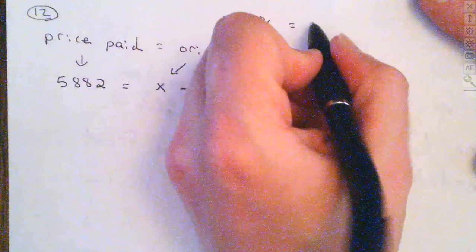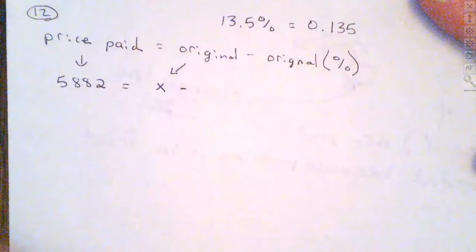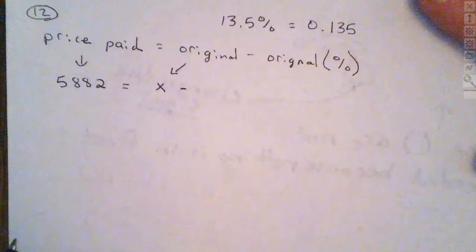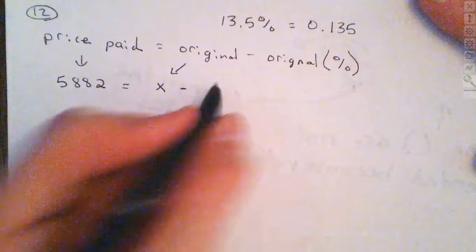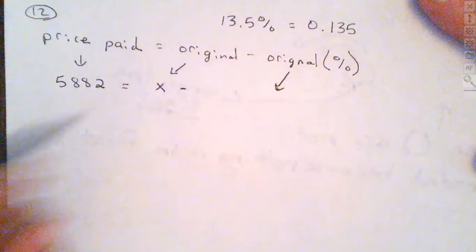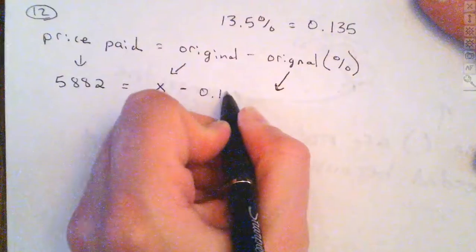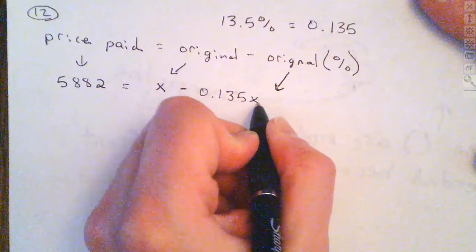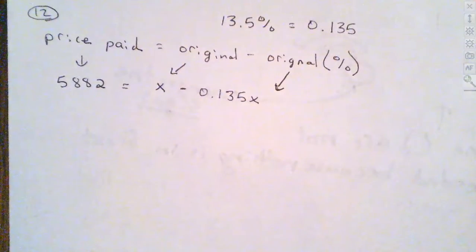So as a decimal, that's 0.135. So that's going to be now X. That represents your original price. And then this represents the discount. And that's 0.135 times X.